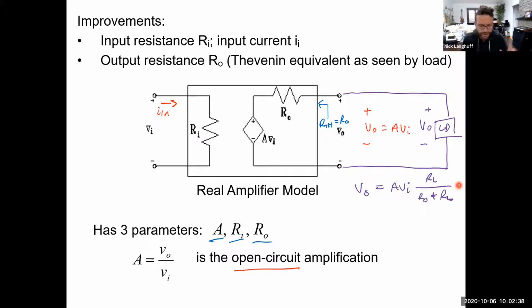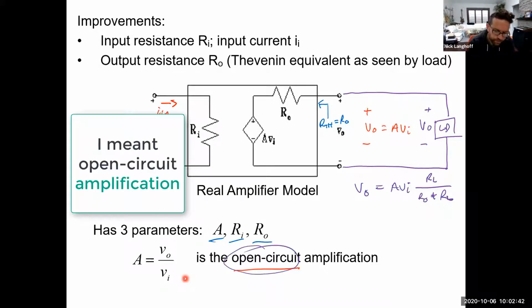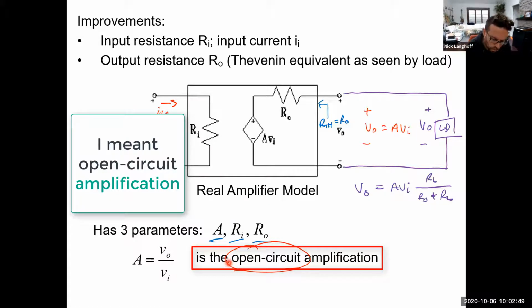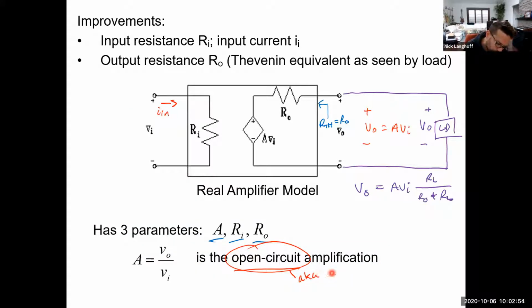Okay, so again, the gain A is the open circuit voltage. Or rather, let me do that in red. It's the open circuit voltage, or in other words, also known as unloaded. There's no load connected to the output. All right, because once you do load, this would be the loaded output voltage.